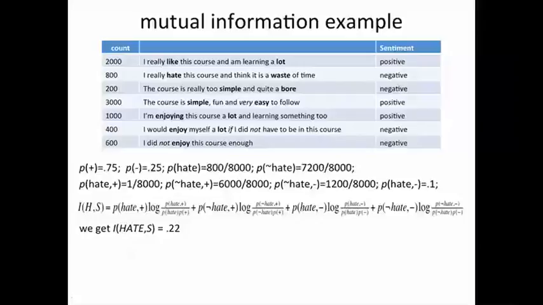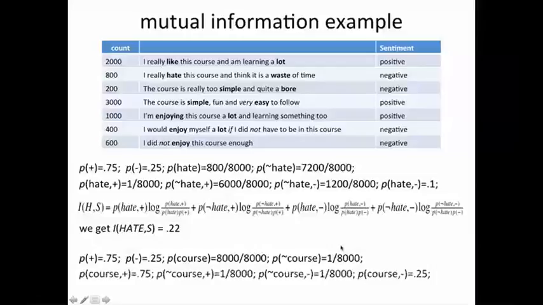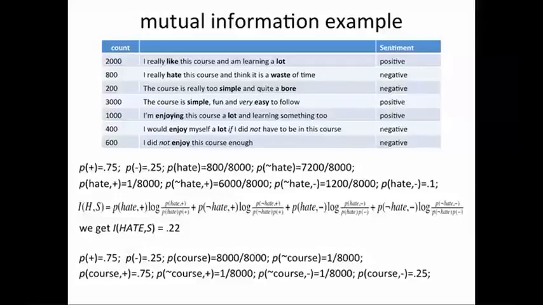Let's check another word, the word coarse. It occurs in all the comments, so the probability of coarse is just 1, and the probability of not coarse is actually 0, but we smooth it by making it 1 over 8,000. The joint probability of coarse for positive comments is just the fraction of positive comments because it occurs in all positive comments.